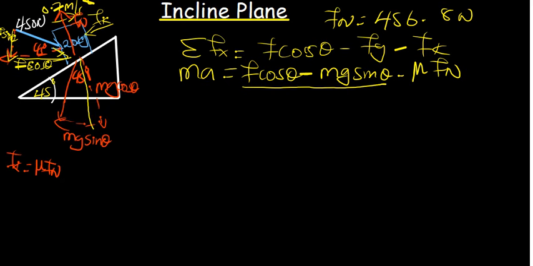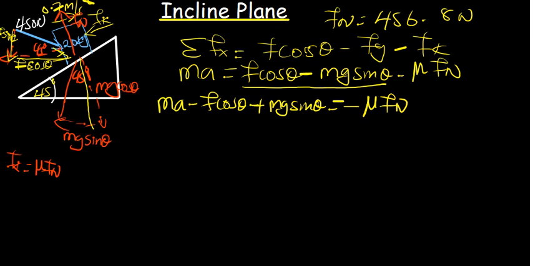So if it goes to the other side, we are going to have Ma minus F cos theta plus mg sin theta is equal to negative mu times the normal force. I can divide everywhere by negative.